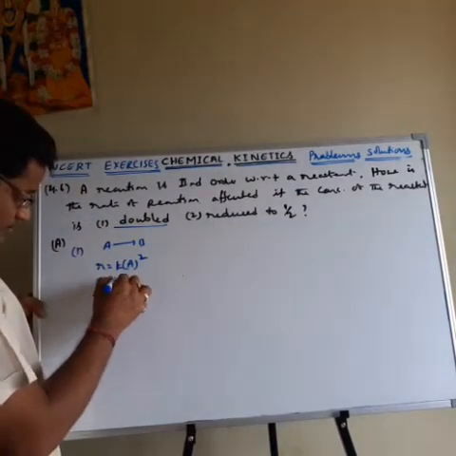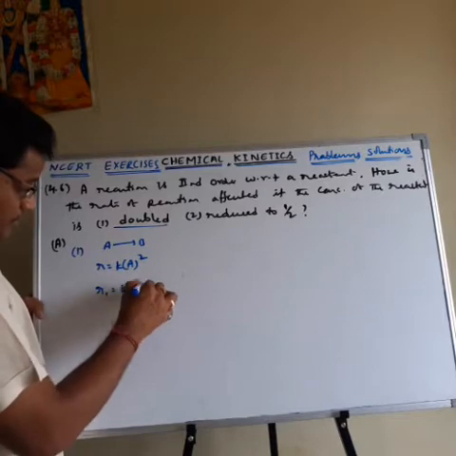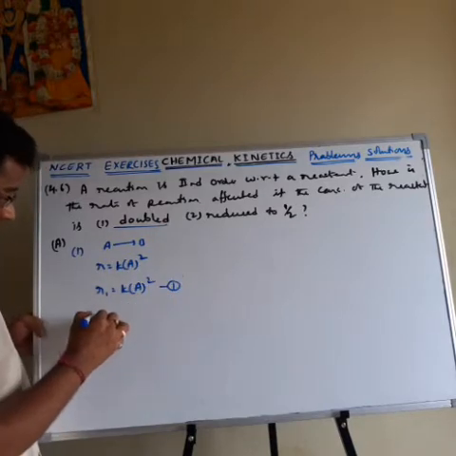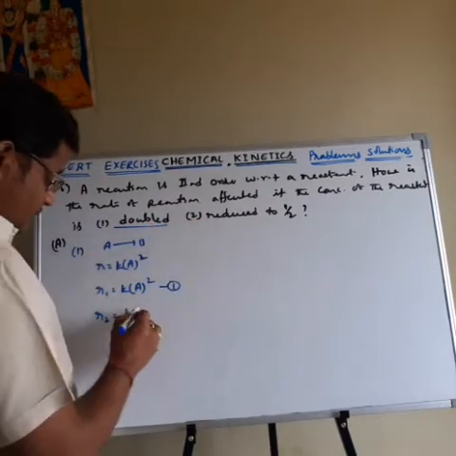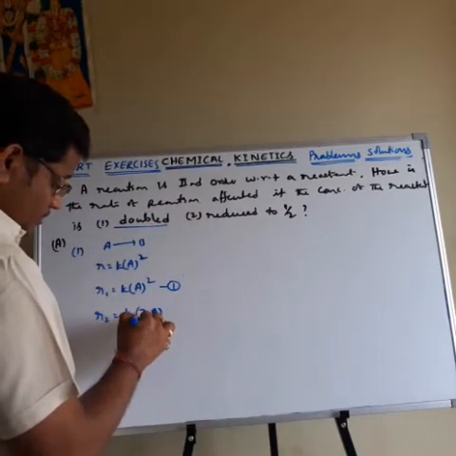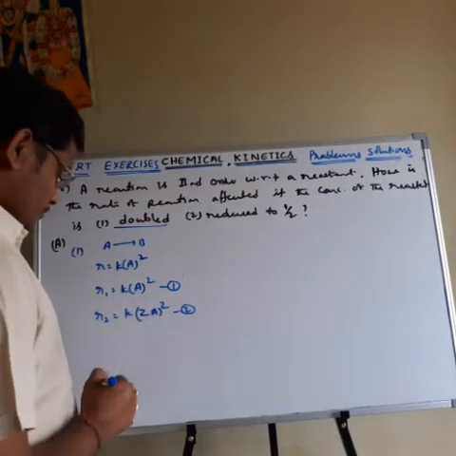Here R1 is equal to k into [A] power 2, equation 1. R2 is equal to k into concentration of A doubled, means k into (2A) power 2. This is equation 2.